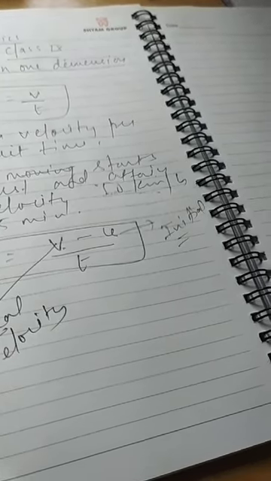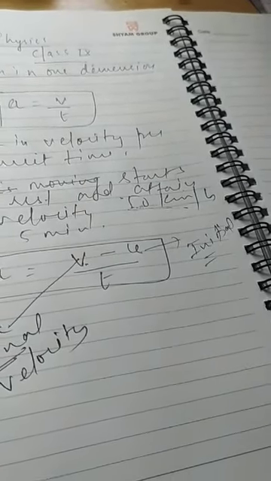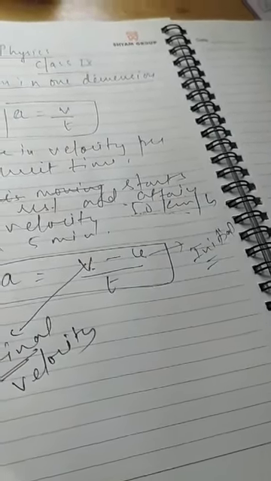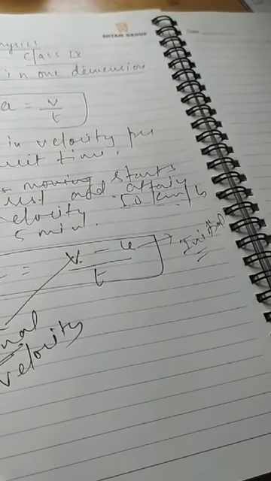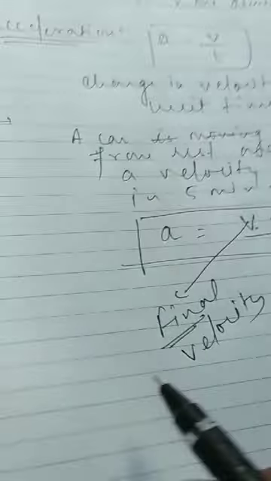So in place of t we will write 5 minutes. Later on we will convert 5 minutes into hours, that is, we will divide it by 60. So this is the simple definition of acceleration, that is, change in velocity per unit time.